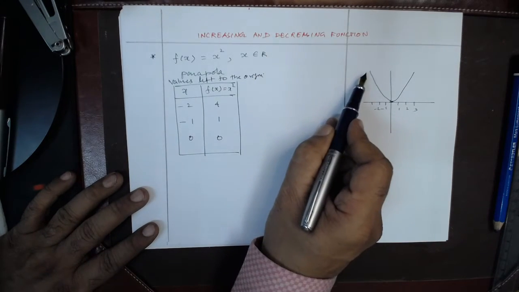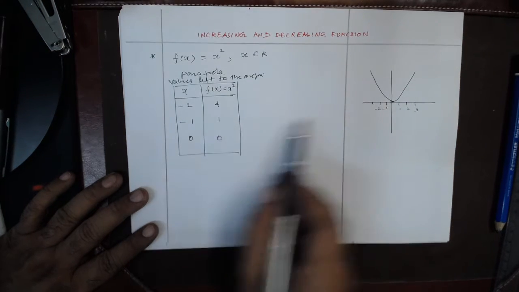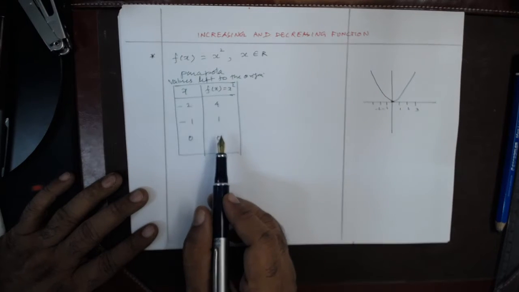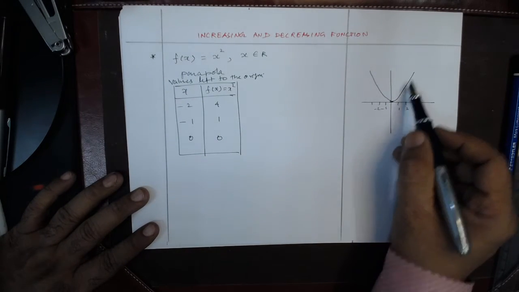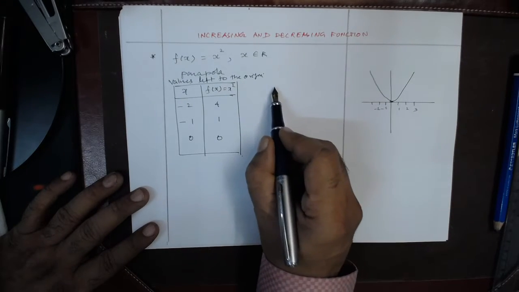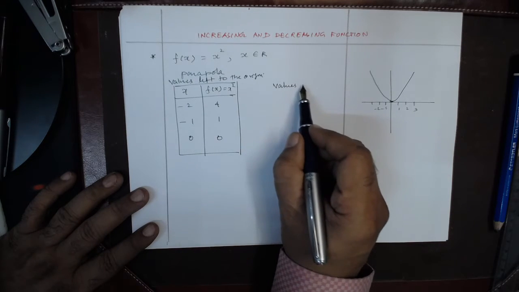So this represents the decreasing function. Are you able to understand this? It starts from -2, -1, 0 like that. And similarly, when you substitute 1, 2, 3, 4, now it goes up. So these x values are right to the origin.